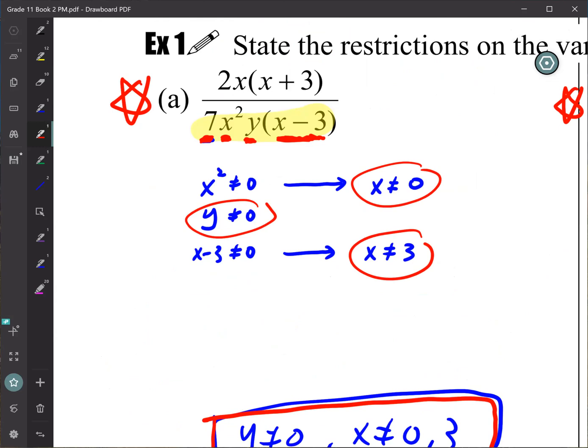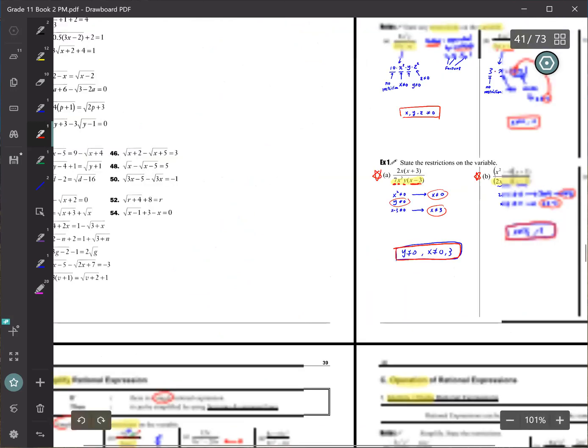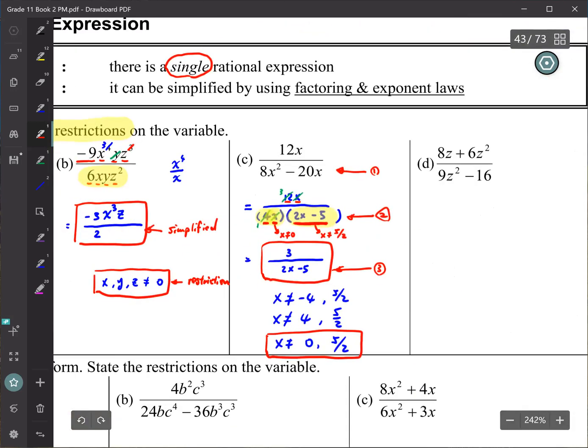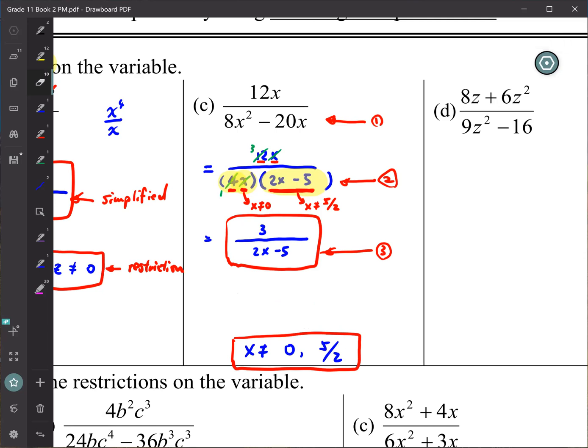You look at one factor at a time. That's why I keep underlining, right? Each factor gets one underline. So this part, question C. Make sure you do the homework early because this is a new thing. If you do it too late, you will forget again how to get the restriction correctly.